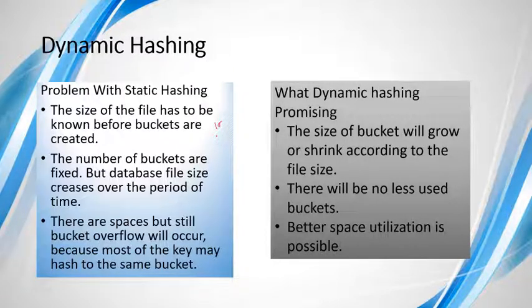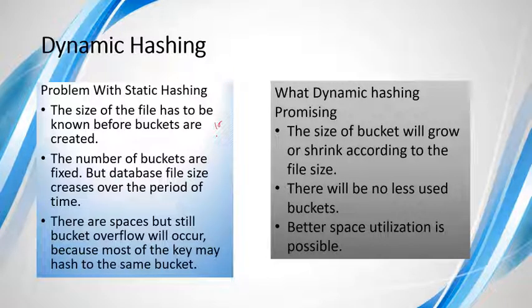So the adjustment of the number of buckets is very flexible. Since we are adding or deleting buckets according to our requirement or demand, there is less probability that we have some buckets which are not used at all. So this gives us the idea that we can use the resources in a better way.